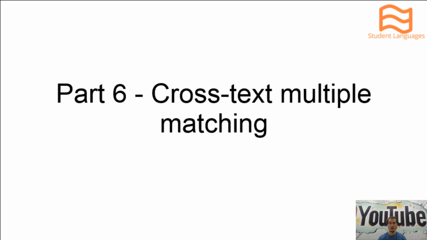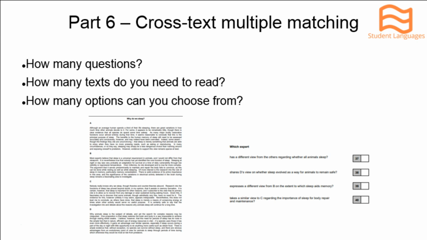Part 6 is called cross-text multiple matching. How many questions are there in part 6? There are 4 questions. How many texts do you need to read? 4 different texts. And how many options can you choose from? 4 different options. So it looks like this. It's a bit more complicated than part 5.